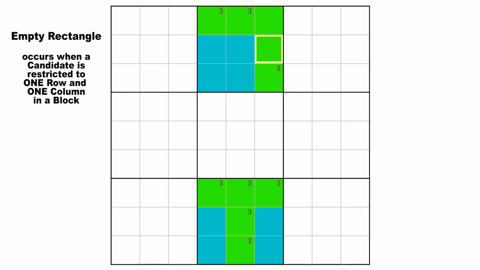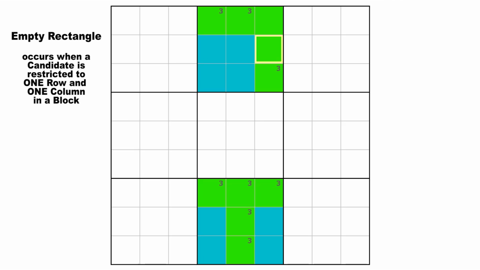So before we talk about the actual solving technique, the first thing we need to do, and it is very important, is that we have to be able to recognize and identify all the different configurations this pattern can take. And believe me when I tell you, there are a lot of them. As it turns out, there are 33 different shapes that you will need to be able to see.